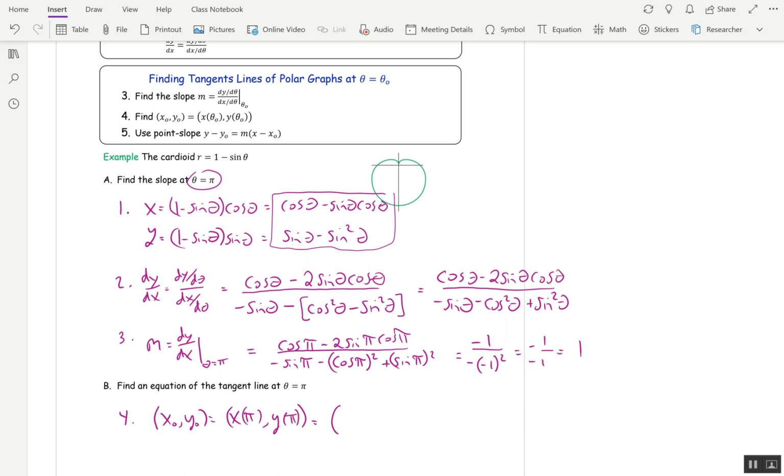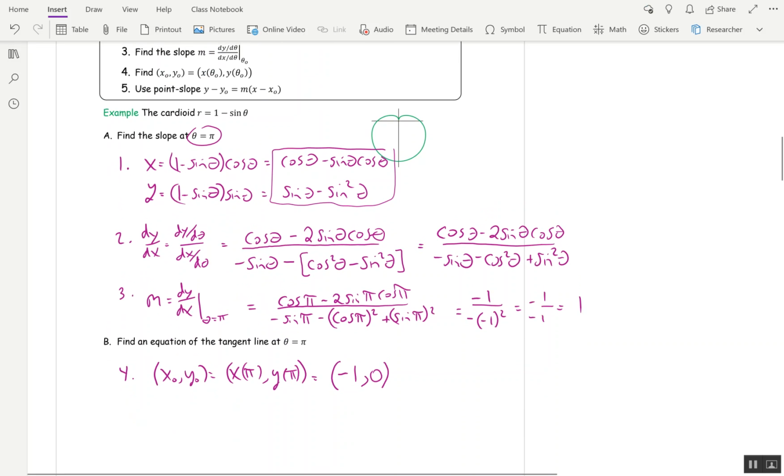So x of pi, let's just do this in our heads rather than write it all out. Cosine pi is -1, sine pi is 0. So x of pi is -1. And then y of pi is 0. Finally, step 5. Y minus y naught, which is 0, is the slope, which is 1, times x minus x naught, but x naught's negative, so x plus 1. So y equals x plus 1.